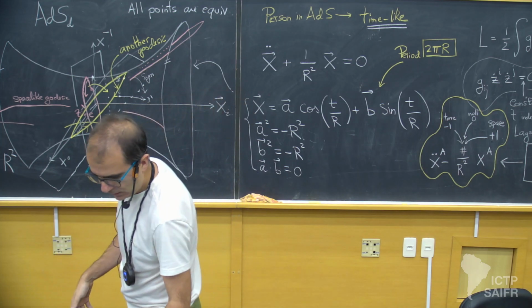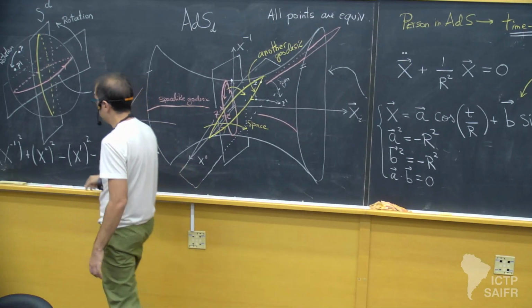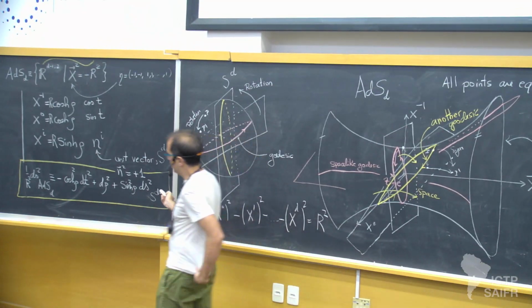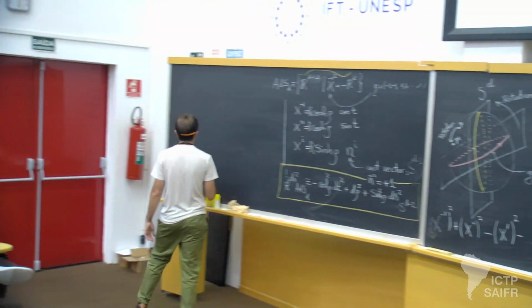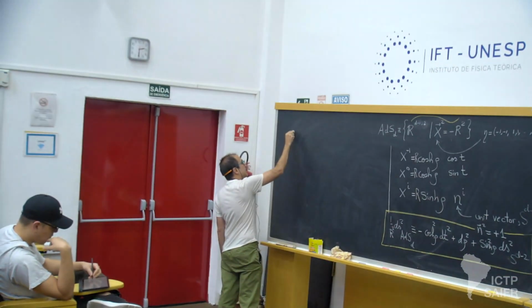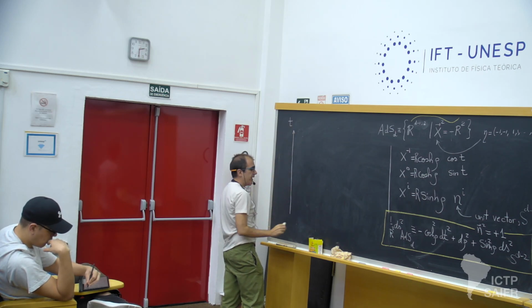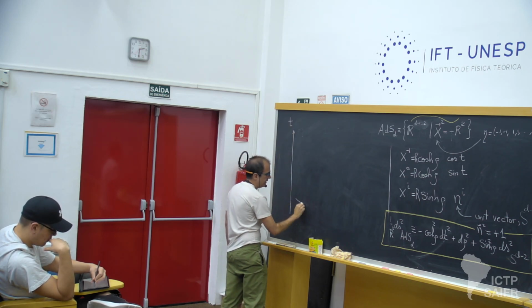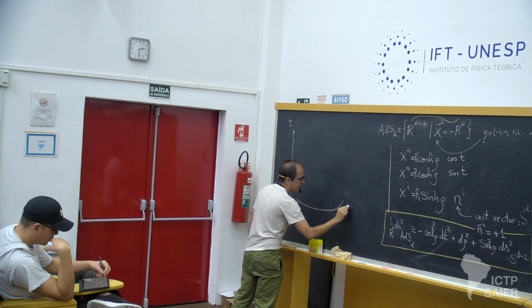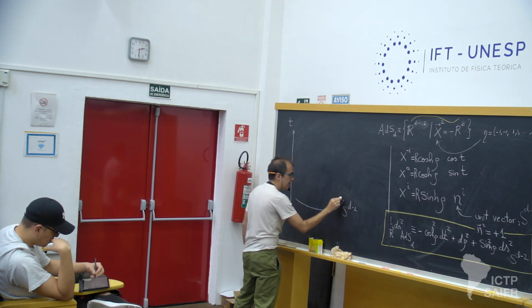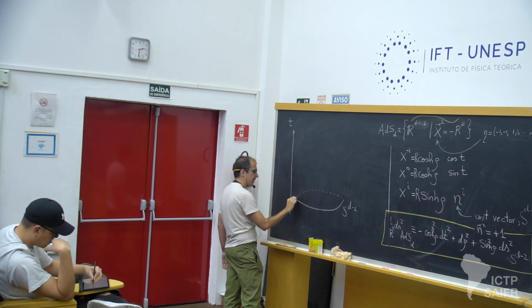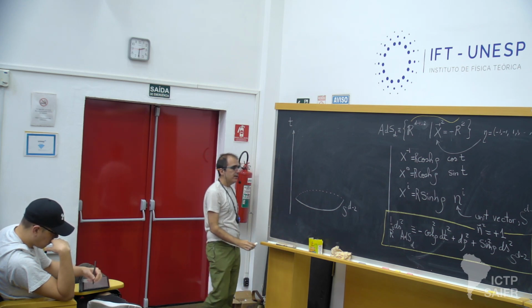Okay. So let me, before, just draw this picture, just draw how I would think of ADS in these coordinates. I would say time goes up. Then I would say there is a sphere, S^(D-2). And here I'm drawing the case of S1, otherwise I cannot draw.